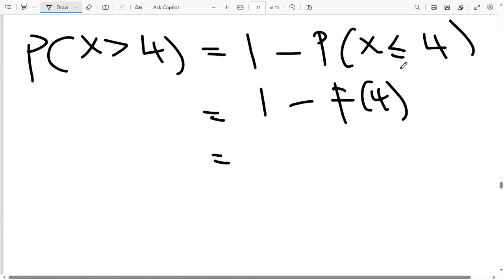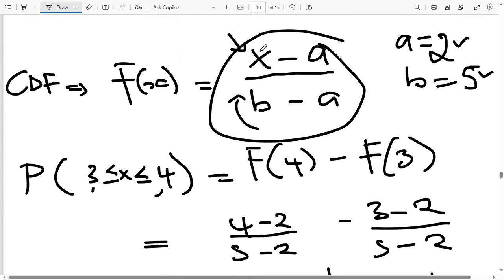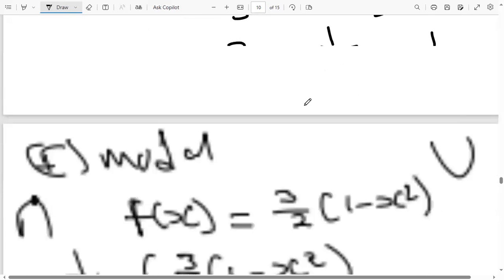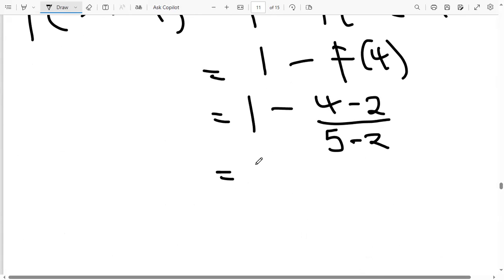Okay, and how do you find this F of 4? We are using this formula here. So where there's X, we are putting 4 here, 2, 5, 2. So this will be 1 minus 4 minus 2 over 5 minus 2. Okay, so 4 minus 2 will give you 2 over 3.